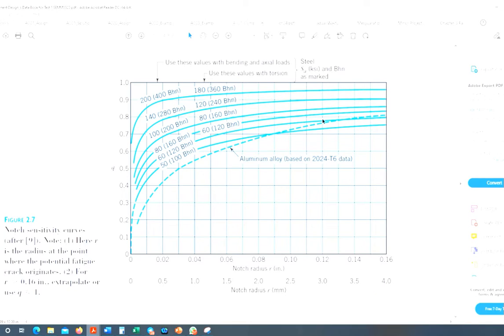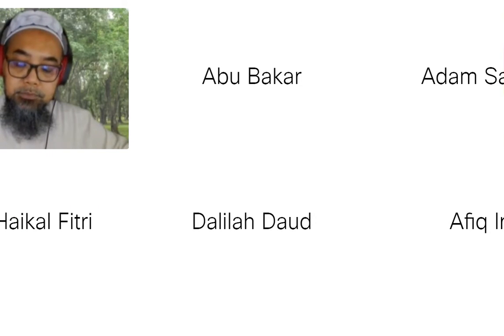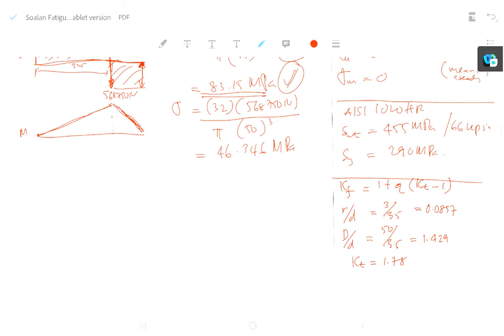So you could get 0.778, 0.78. For the notch. Okay, let's make it 0.78. So Q is 0.78.